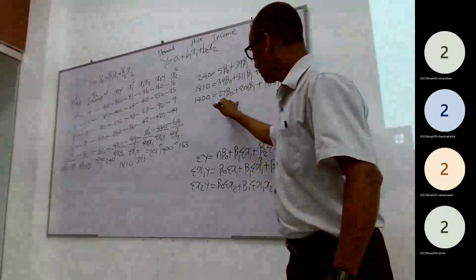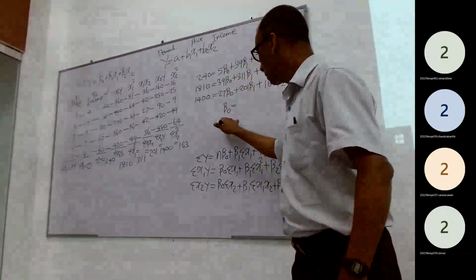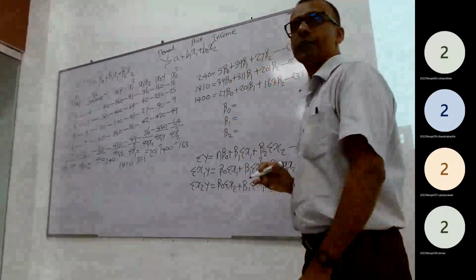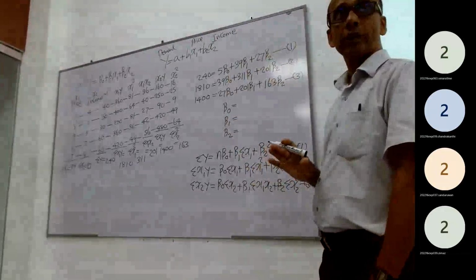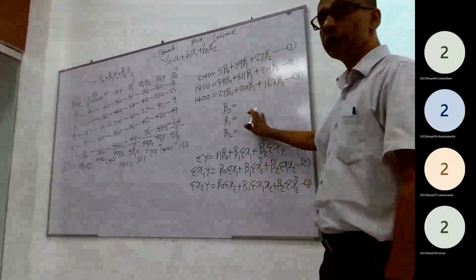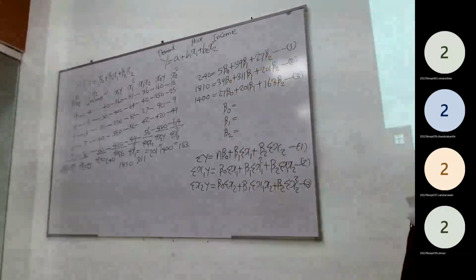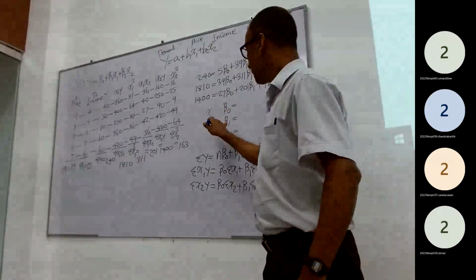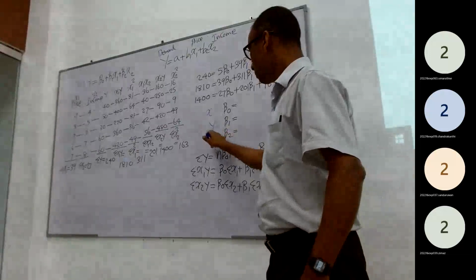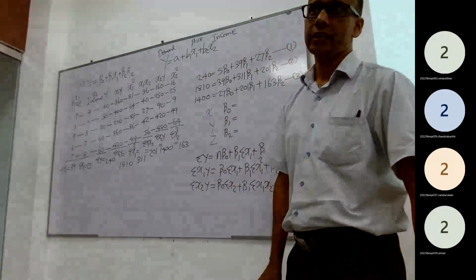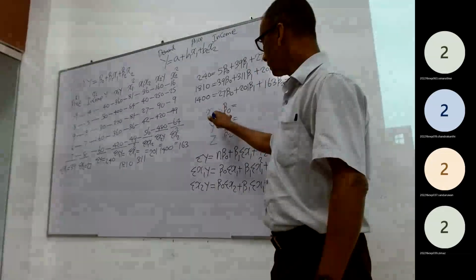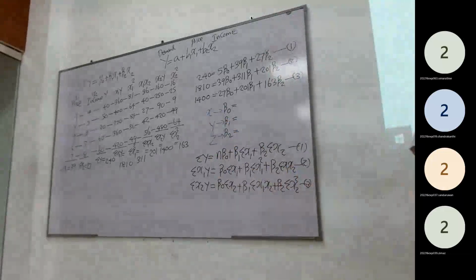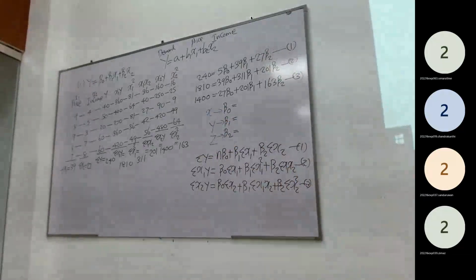You need to calculate the values for beta 0, beta 1, and beta 2, using your scientific calculator in equation mode. Beta 0 means x, beta 1 is y, beta 2 is z. After the break, we solve these simultaneous equations using calculators. Take the break and come.